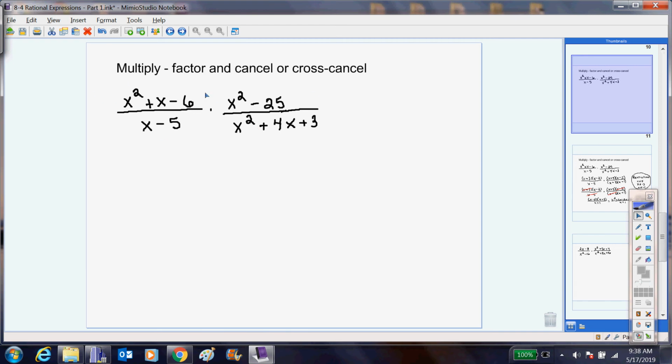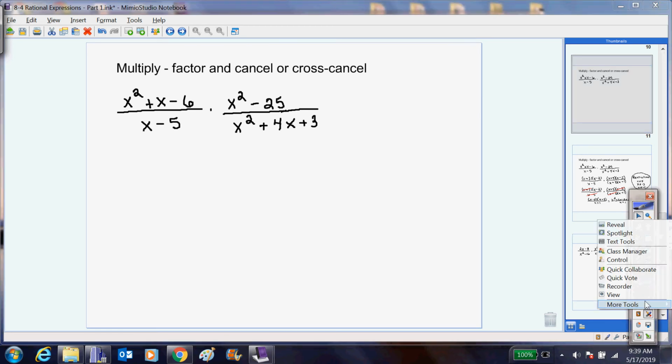So what you need to do here, this one actually is hiding 3 factoring problems and then looking for what can cancel out. So just take a minute. I want you to factor each one of these 3 factoring problems. And then we'll look and see what we can cancel. So I'll put the video on pause for a second.